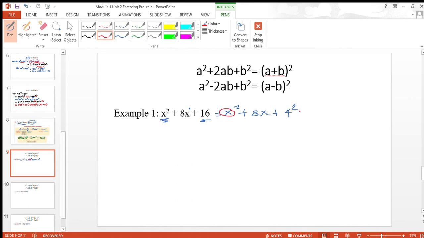Now we check if the remaining term is 2 times the product of the square roots. 2 times the square root of x squared, which is x, times the square root of 4 squared, which is 4, gives 8x. So indeed, this is a perfect square trinomial.